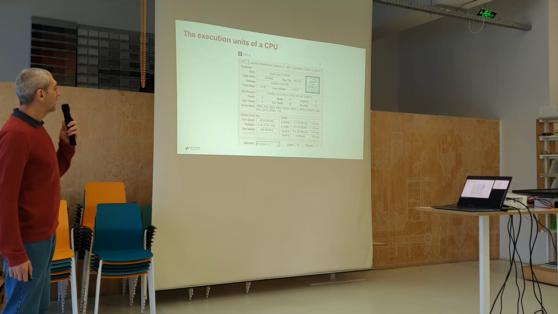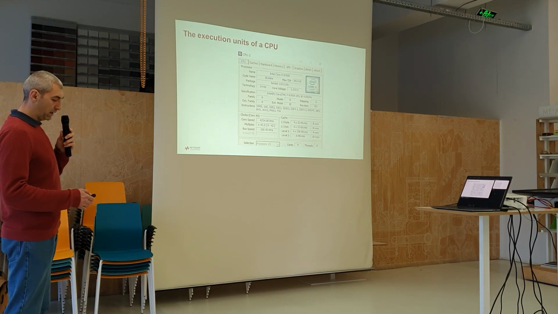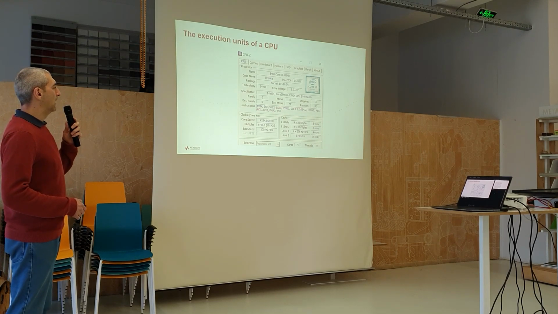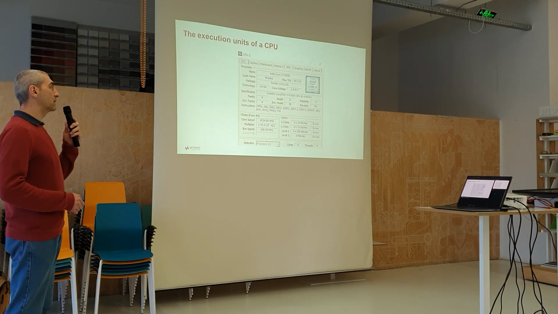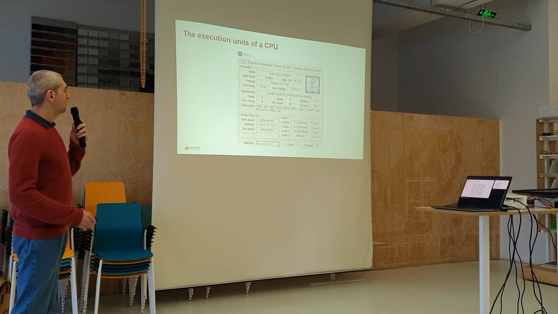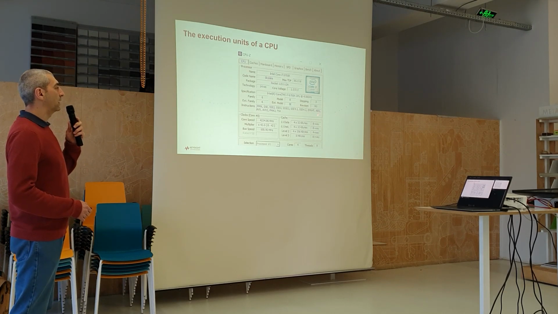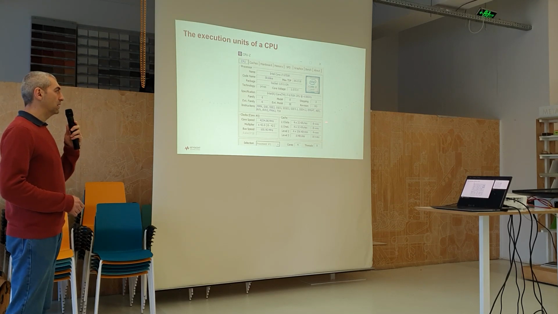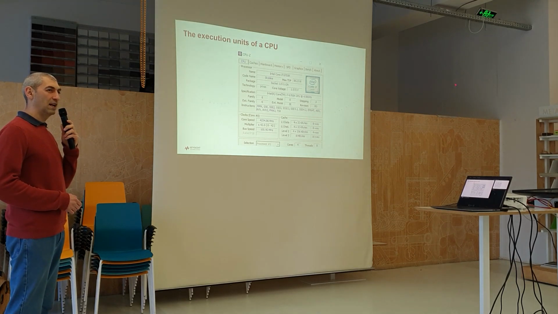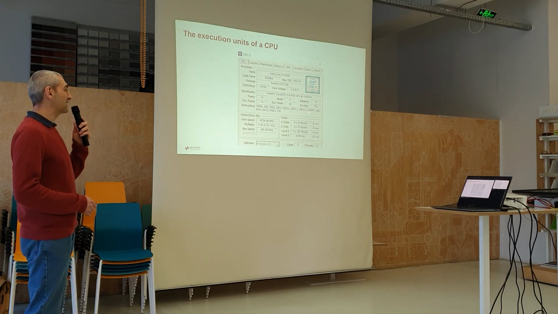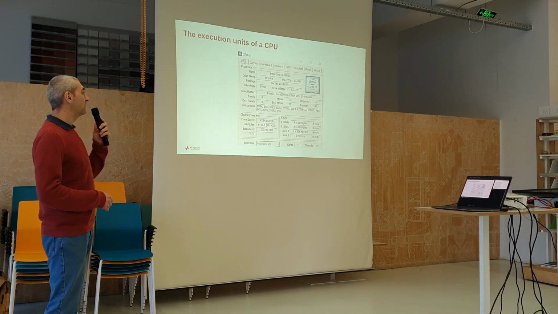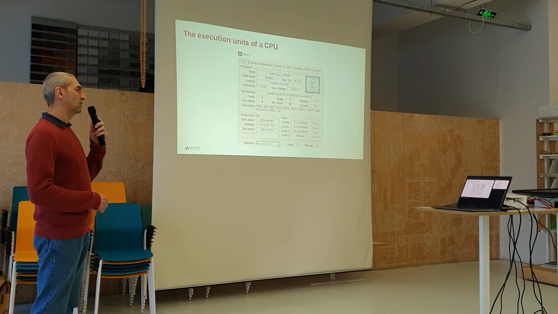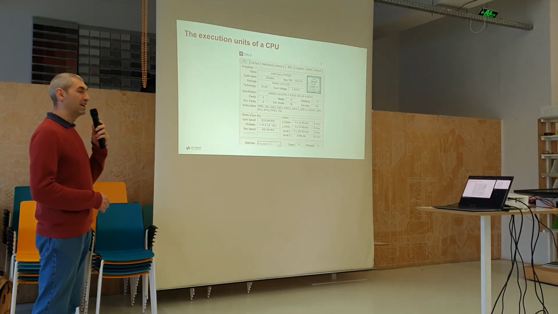Okay, so what we want to look at here is this instruction set, because it shows what features the CPU supports. For example, AES, which stands for Advanced Encryption Standard. Thank you, Florin. Or AVX, which stands for Advanced Vector Extensions.